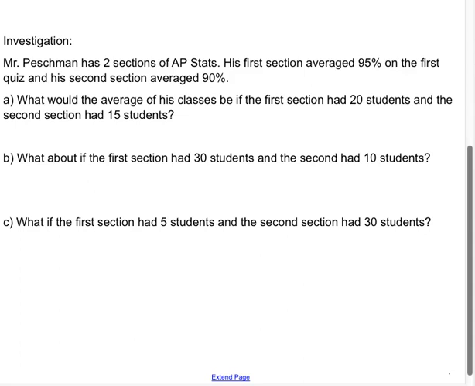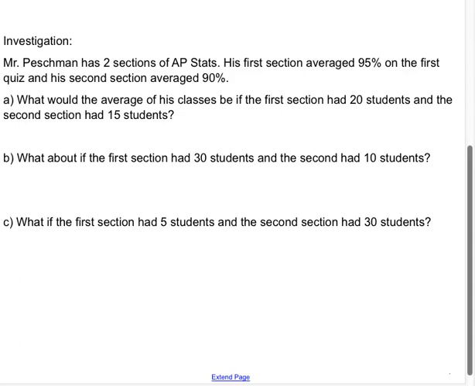Well, just like how we weight your grades for tests versus homework, this is a weighted situation. So let's think about what happens here. What would the average of my classes be if my first section had 20 kids and the second had 15 kids?